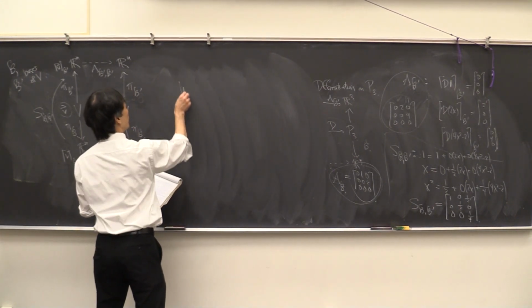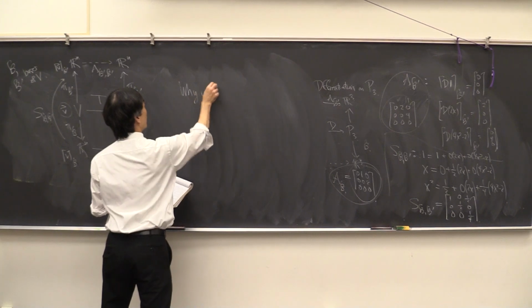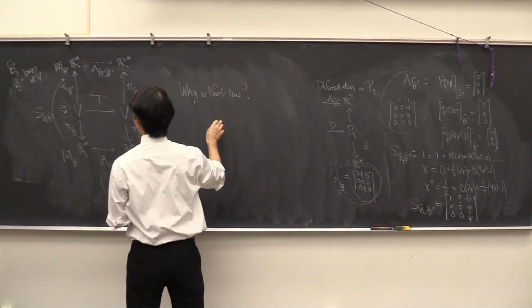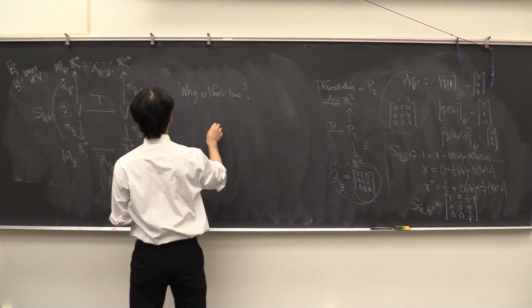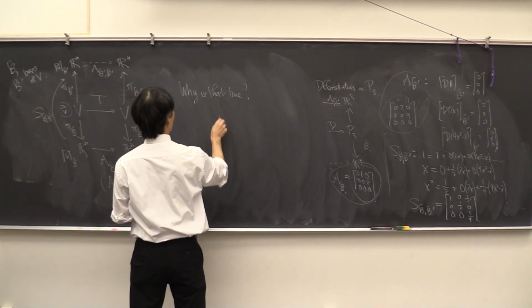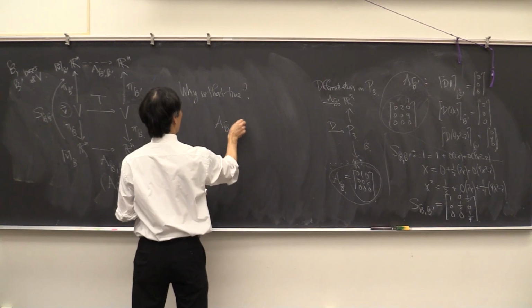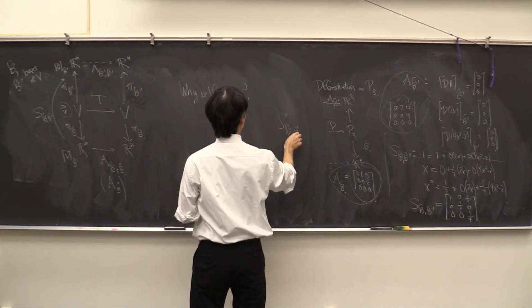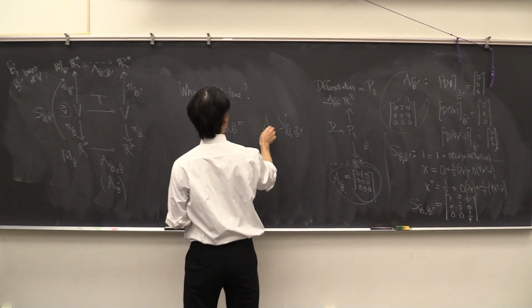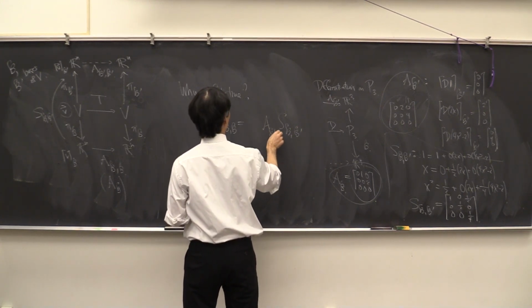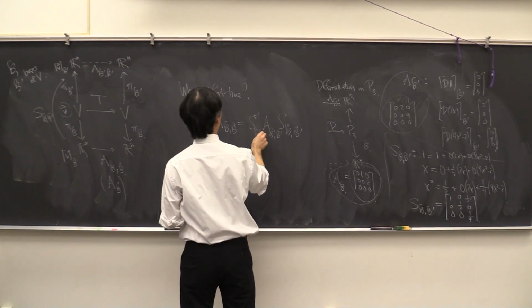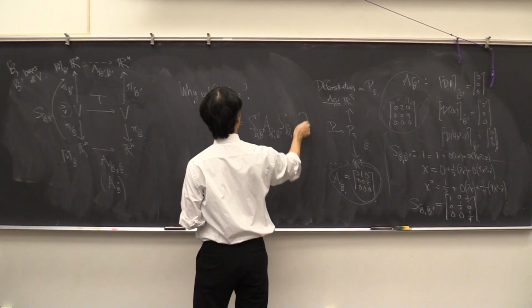Why is that true? Why is it true that, let's write it this way, A_BB is the same thing as S_BB' followed by A_B'B' followed by S inverse_BB'?